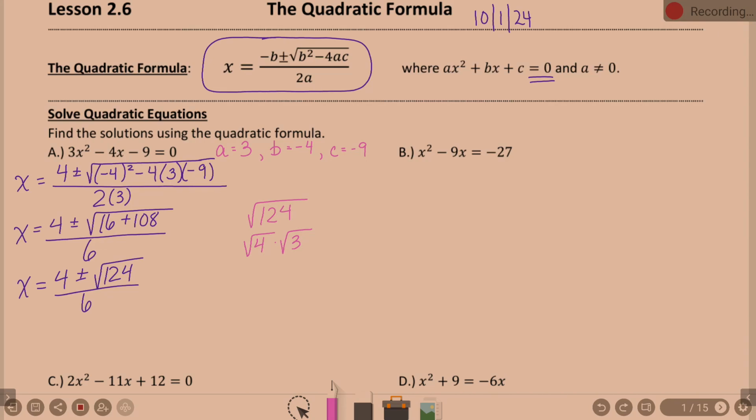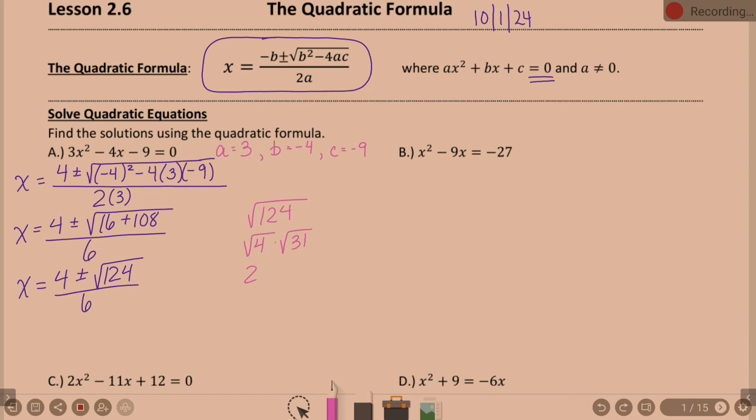31. So, can you agree that the square root of 124 is the same as the square root of 4 times the square root of 31? Okay, except, what do we know about the square root of 4? It's 2. And when you take that square root of 4 and get 2, it's outside the radical. What about the square root of 31?